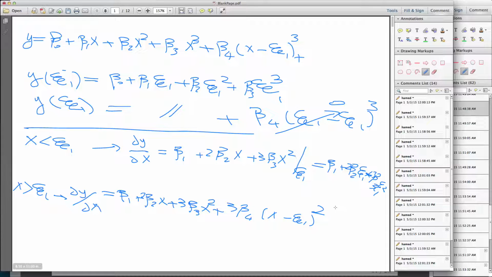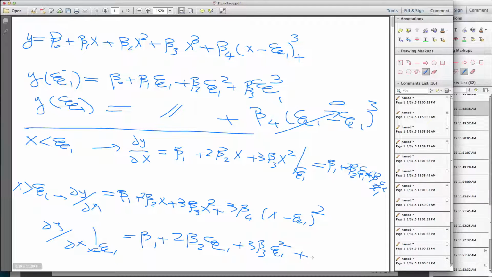So let's see what that number will become at psi 1. That will be beta 1 plus 2 beta 2 psi 1 plus 3 beta 3 psi 1 squared. But look what will happen here. Psi 1 minus psi 1 is 0, so the last part is 0. So this function is continuous, and this first derivative as well.